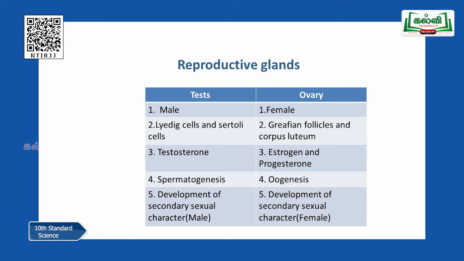And for males, there is development of secondary sexual characters. There are primary sexual characters, and development of secondary sexual characters is also there. Secondary sexual characters are visibly observed by people, and all are hormonal changes. So, do not see them in a different way. You have to understand this is a natural process that takes place in our body, in the testes and ovaries.